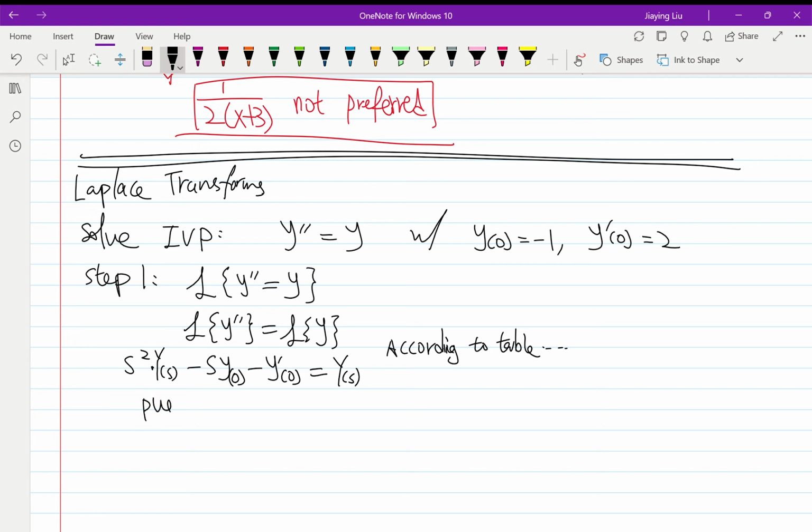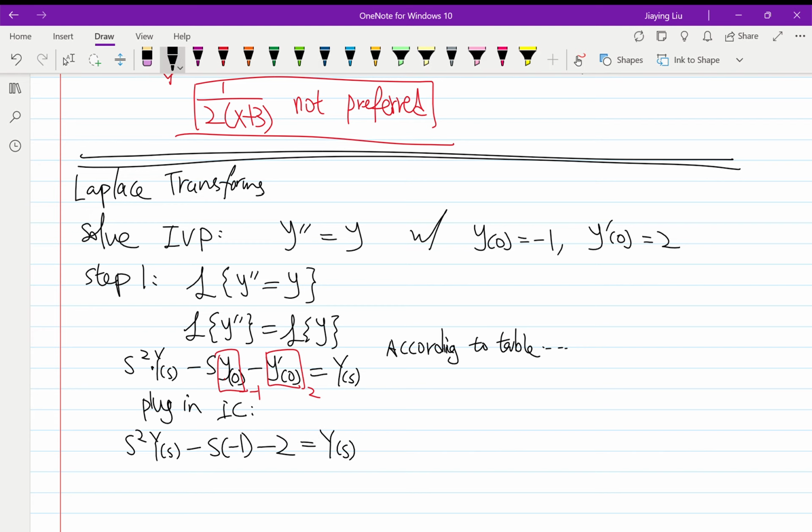So y of 0 becomes -1, y prime of 0 becomes 2. So that gave us s squared capital Y of s minus s times -1 minus 2 equals Y of s.